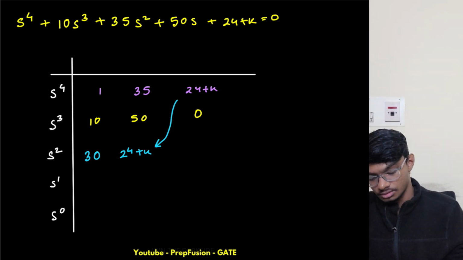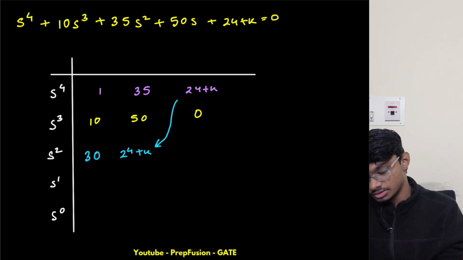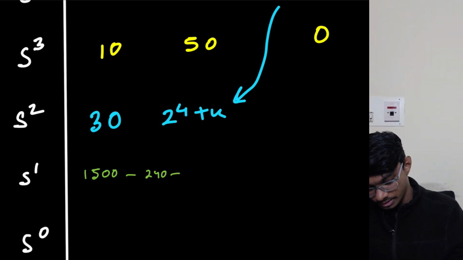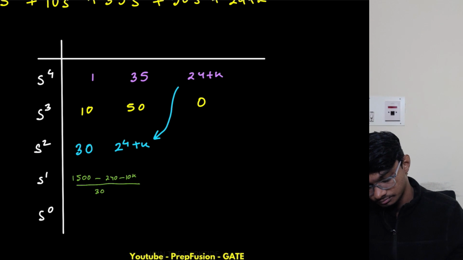Now again I have to compute this one. This is a bit difficult to compute, so I will write this in small letters. This will be 1500 minus 240 minus 10k, divided by 30 itself. And what will be this one? I have 0 over here, so this one will be simply a 0.